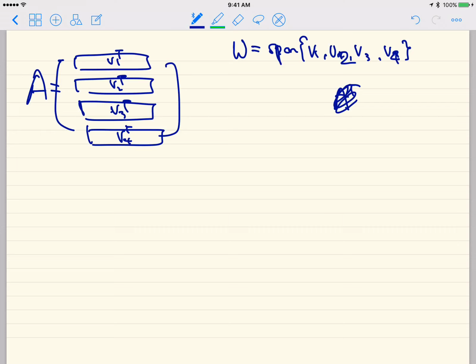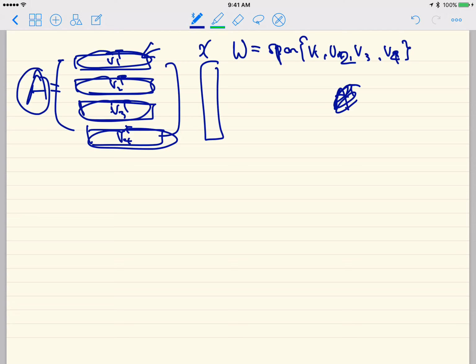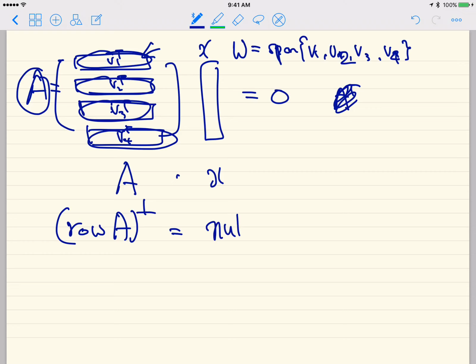If you think about the row space of matrix A, these are the basis vectors of your subspace, and each one should be orthogonal to your vector x. So you just multiply A times x and set it equal to 0, which means the orthogonal complement of the row space of A is the same as the null space of A.